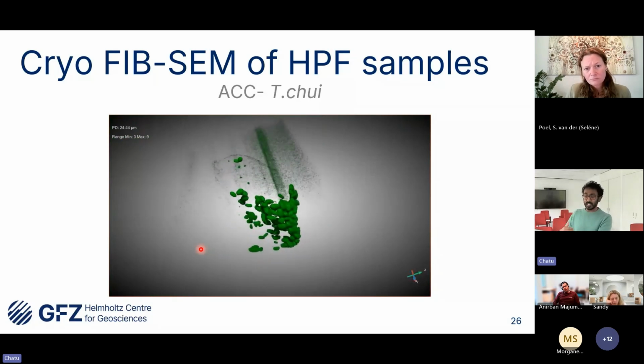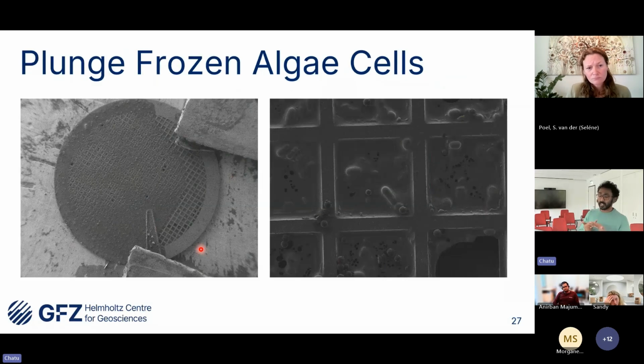Now, at the moment, we are working to establish workflows which are suitable for multiple approaches. And the third one we wanted to do is with the plunge frozen samples. Here we vitrify the samples, and then we go to the SEM, and we wanted to see where these particles are and what elements we can see within the cell.